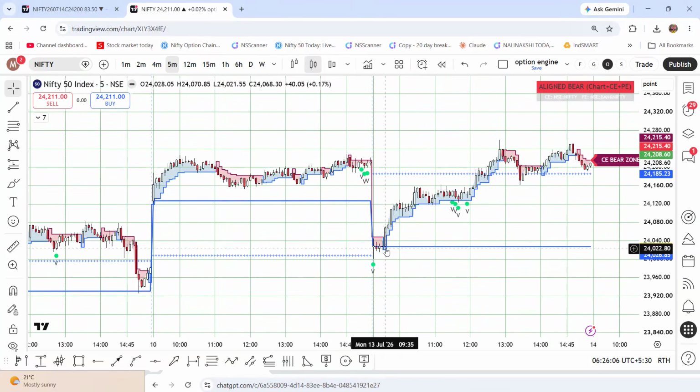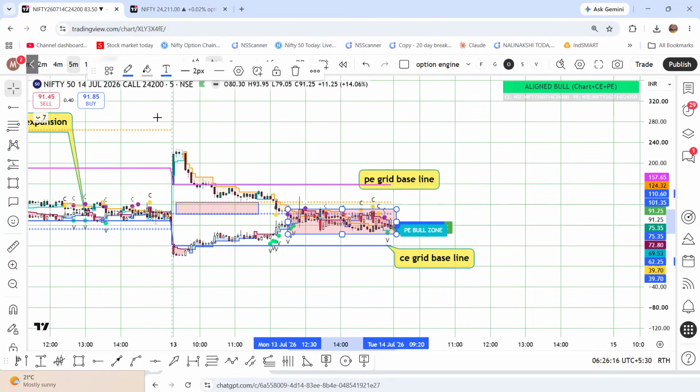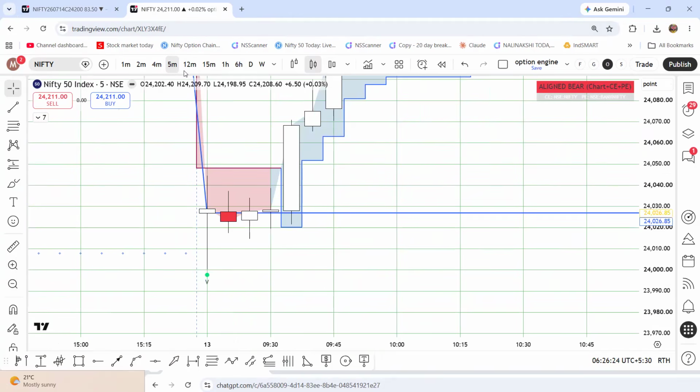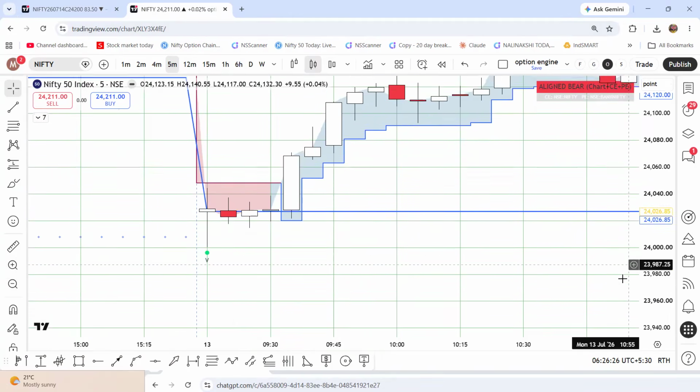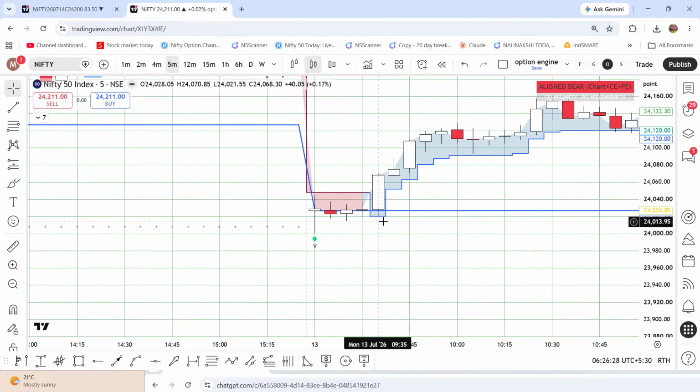What happened? Put option premium expanded, and at this area, if we go there, the call option and the put option were at the bottom. At the same time, this is the grid level. What I have applied is the grid level.